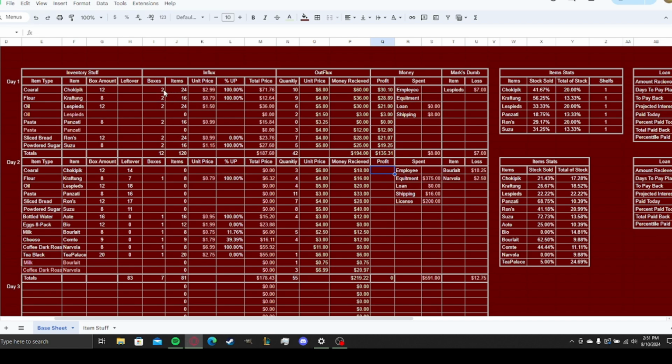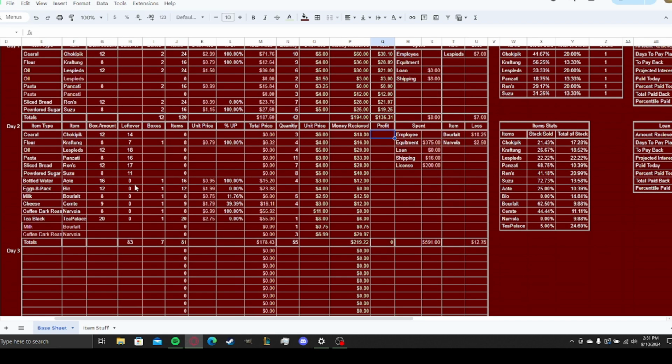For the first day, boxes and items is a good system. It didn't have the leftover category, it didn't need it. The next day, I realized, he's not just ordering everything every day and selling it all that day. So you need a representation of what's left over. That's not a bad thing.